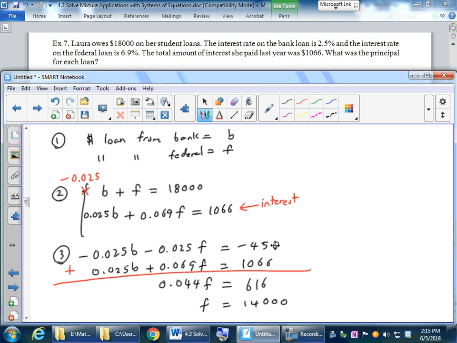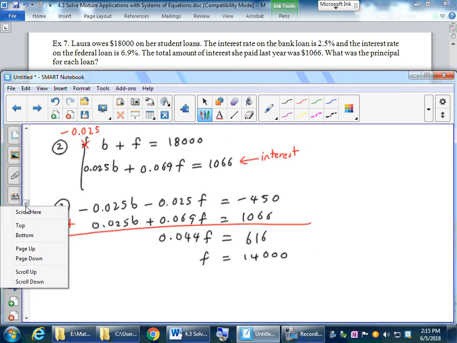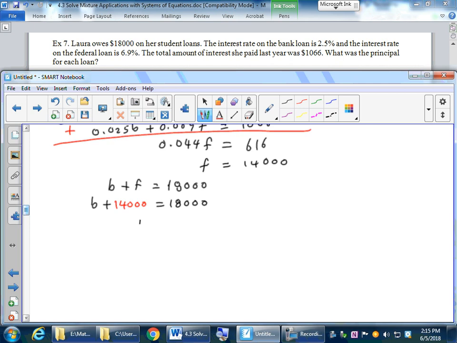So now that we know the federal loan amount, we want to find out the bank loan amount. So B plus F is equal to 18,000. So B plus 14,000 is equal to 18,000. So finally, I know the bank loan amount will be 4,000 after subtracting 14,000 on both sides.